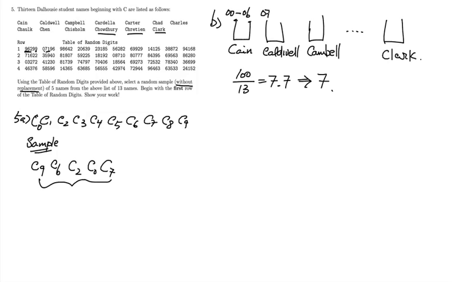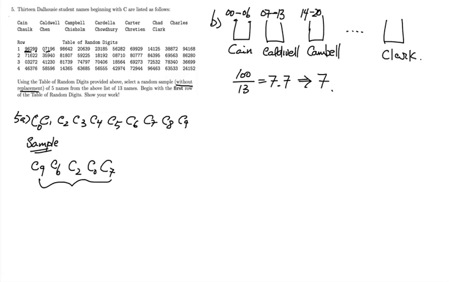If we get a number from 07 to 13, which contains 7 two-digit numbers, we're going to sample Caldwell. If you get a number from 14 to 20, we sample Campbell, and so on and so forth. So the ranges have been determined, and let's write them more closely.